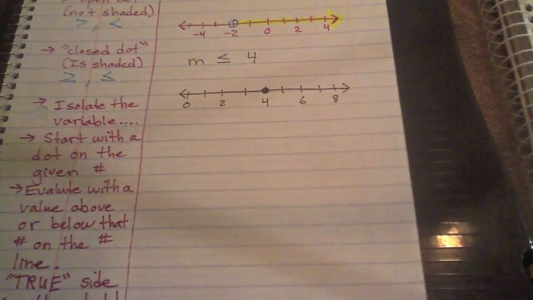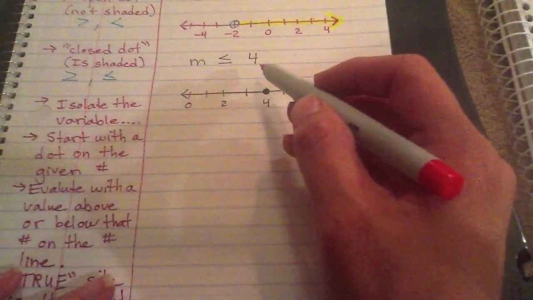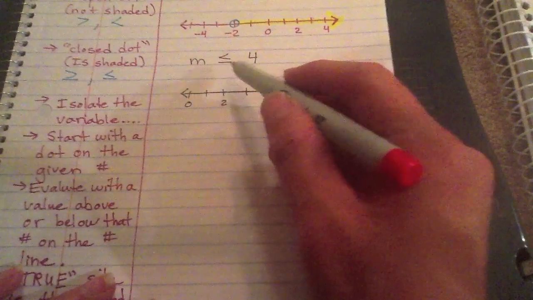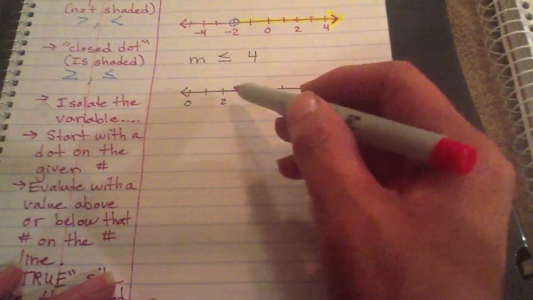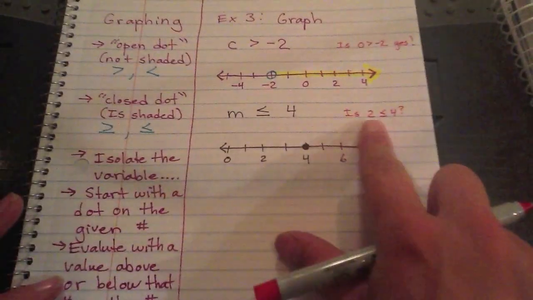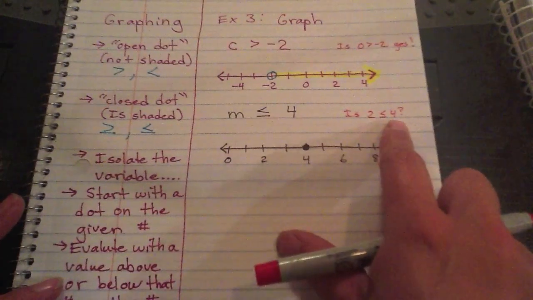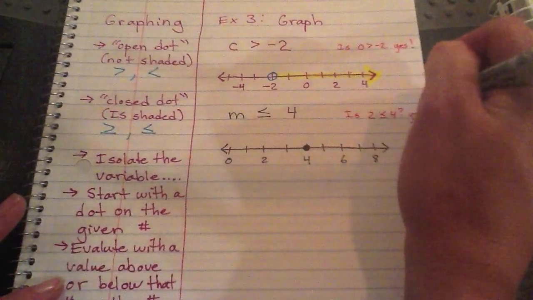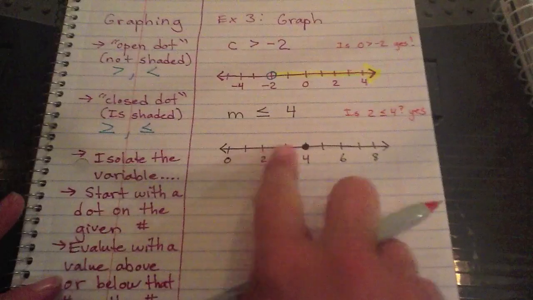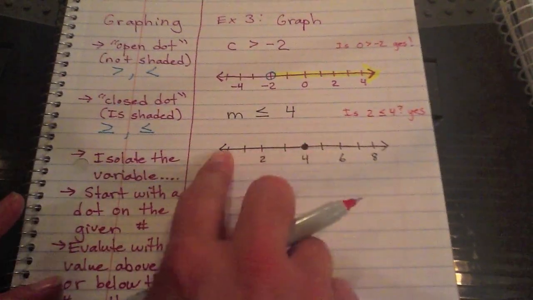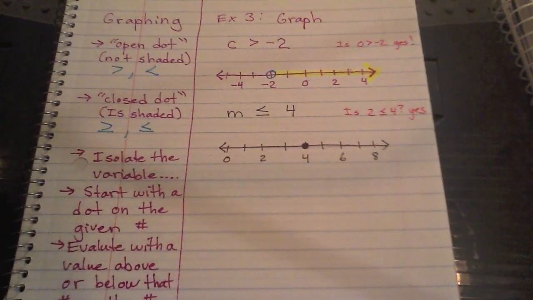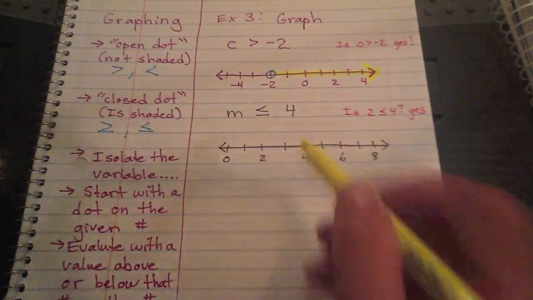Now I'm going to pick a value that I think is going to work. Something like, I know less than 4, probably 2. So let's try it. Is 2 less than or equal to 4? Yes, it is. And since it is, I know this side of that dot is my true side. So I grab my highlighter and I highlight that side.